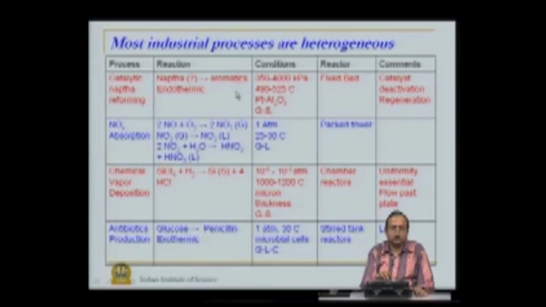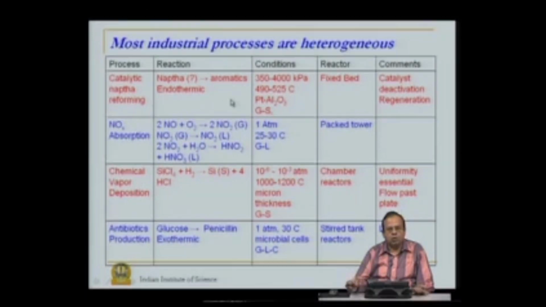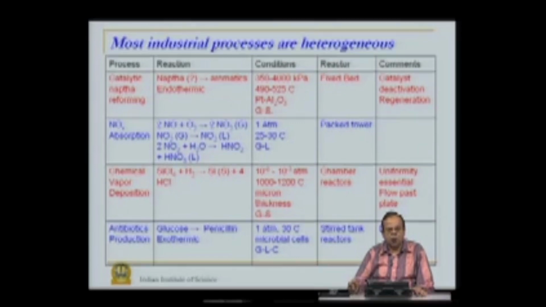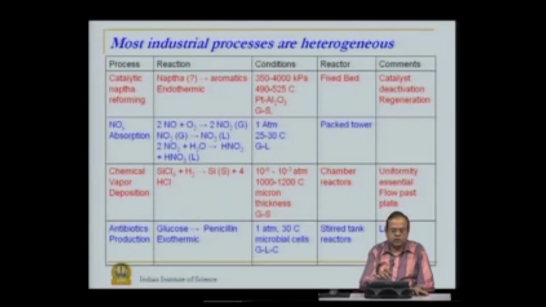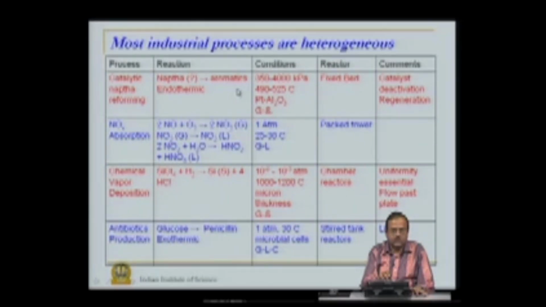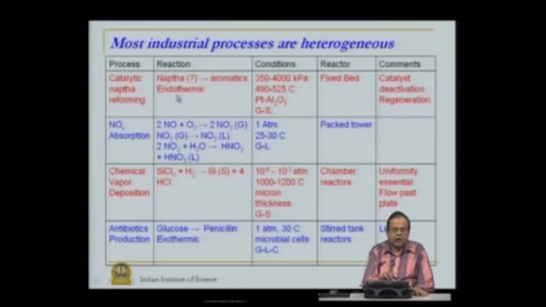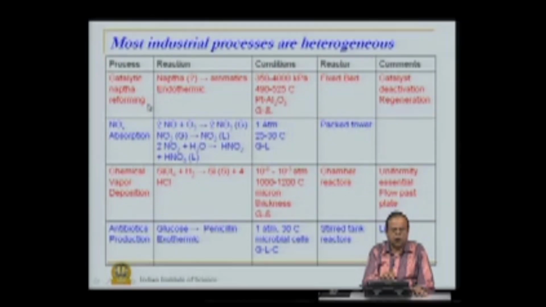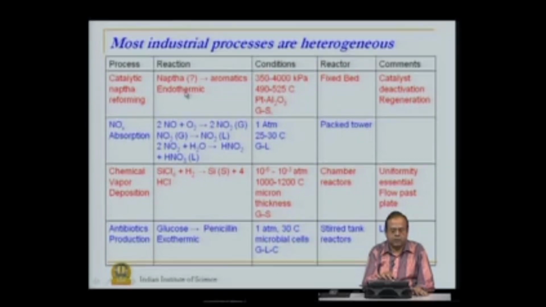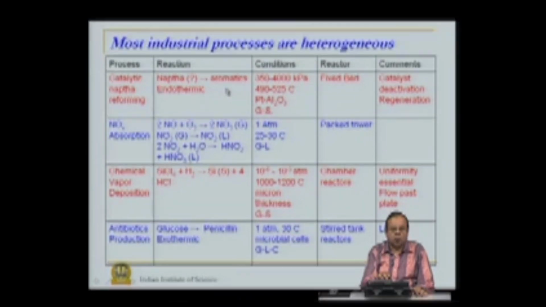I am just calling some group of chemicals naphtha and some other group of chemicals aromatics, and in reality that is the situation. In my naphtha reforming process, I do not know the precise composition of this naphtha per se, and so is what is this aromatic.